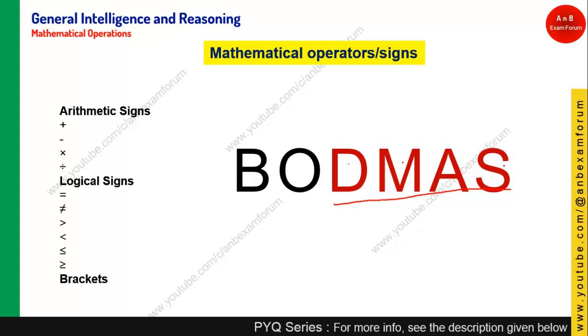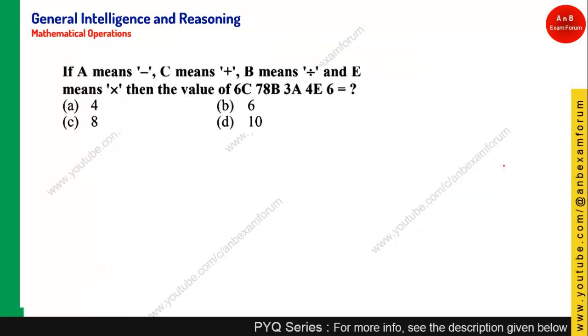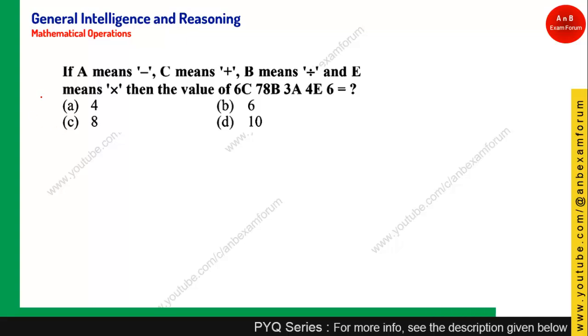Got it? Okay, so let's see a few questions related to each type we have discussed in the second slide. This is type 1, which we call substitution based, where we substitute the alphabet with the mathematical operator.